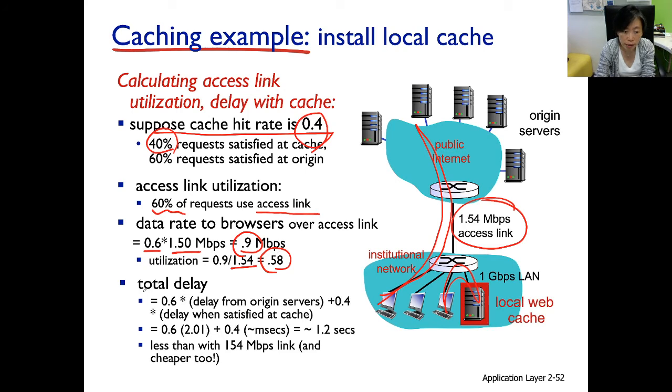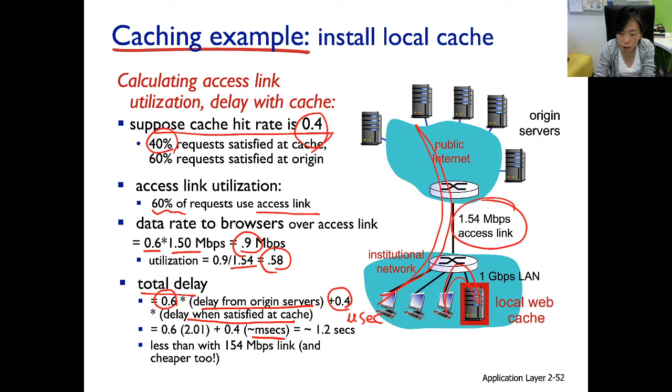Now let's calculate the total delay. 60% of the time it's going to be a long delay all the way to the server and back. 40% of the time it's just on the local LAN. Now, local LAN delay, we've seen earlier, is microseconds, but I'm using milliseconds here just to take into account the traffic.